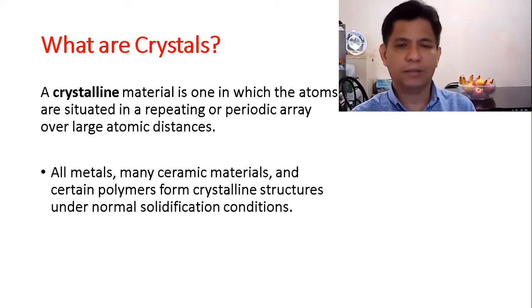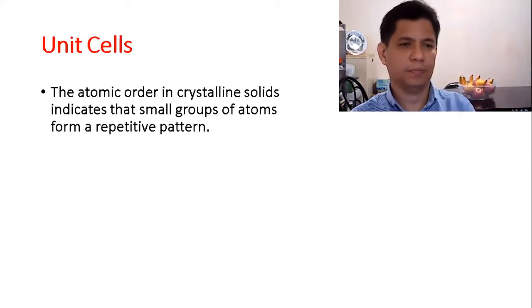All metals, generally, are crystals. Many ceramic materials are crystals, and certain polymers form crystalline structures under normal solidification conditions. Tandaan nyo yun, all metals are crystals. Many ceramic materials and certain polymers are crystals. What are unit cells?